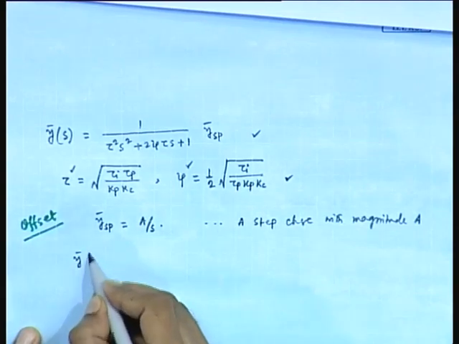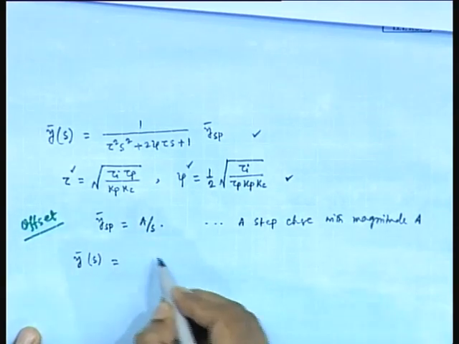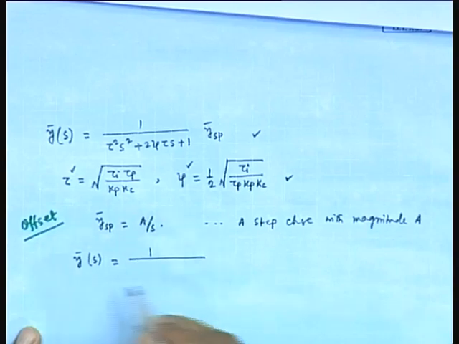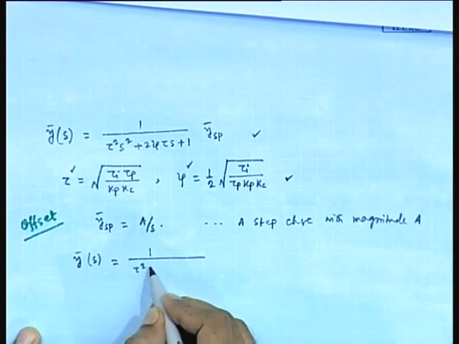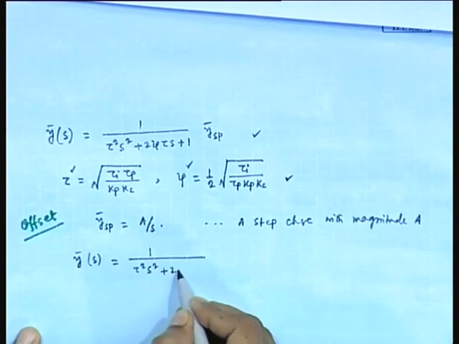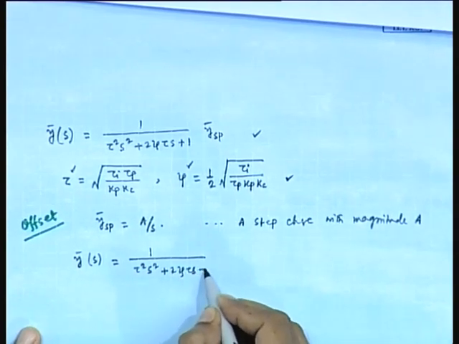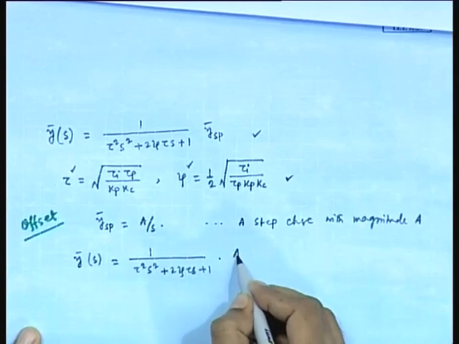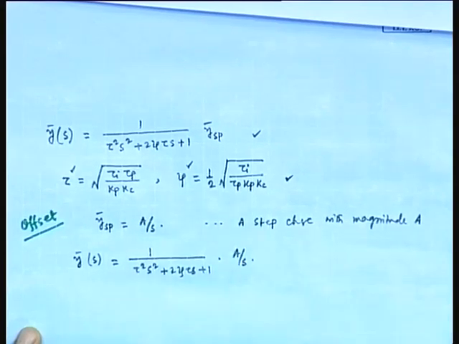Then the closed loop transfer function becomes y bar s equals 1 divided by tau square s square plus 2 zeta tau s plus 1, multiplied by A by s.